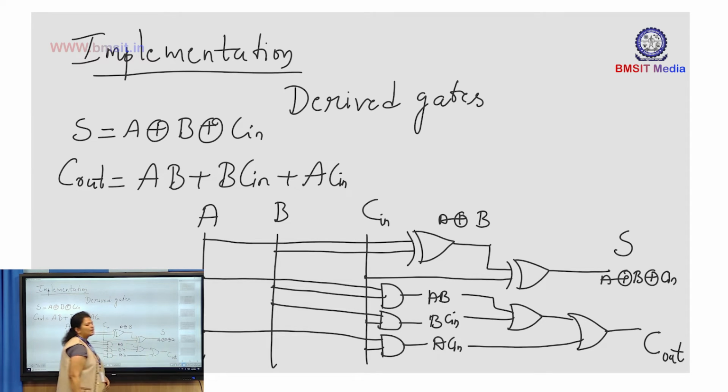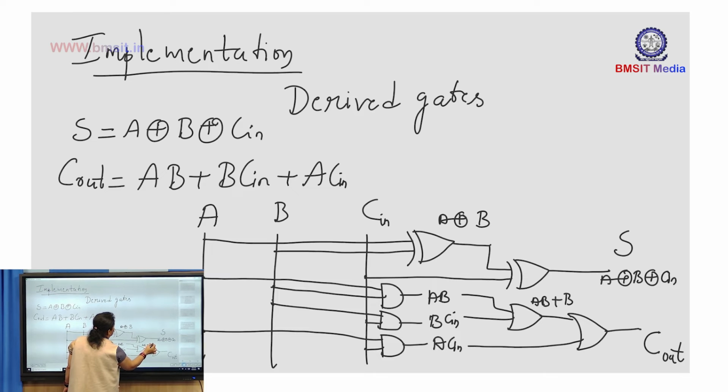So this is the implementation of full adder using derived gates. So here we will be getting AB plus BC in. Now this input and the AC in input are passed through another OR gate to get the carry out.